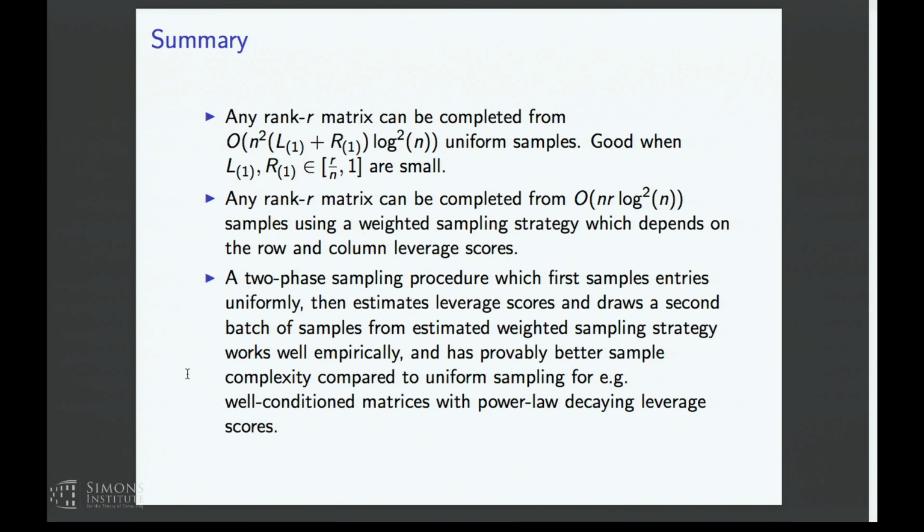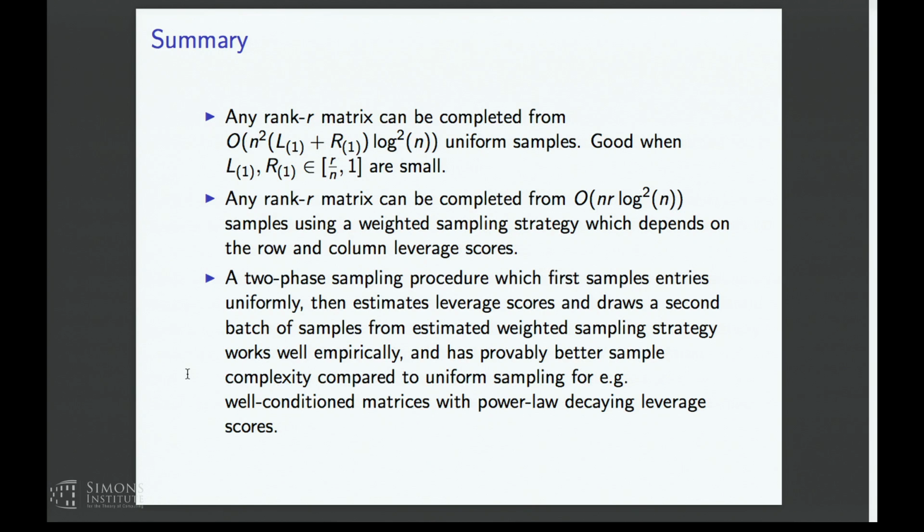So we looked at a two-phase sampling procedure, which first samples entries uniformly and then estimates the leverage scores from those samples and then draws samples from a different distribution, and showed basically sample complexity for this algorithm, which always at least matches the sample complexity from uniform sampling up to a constant and condition number, but can also lead to sample complexity that's much, much lower.